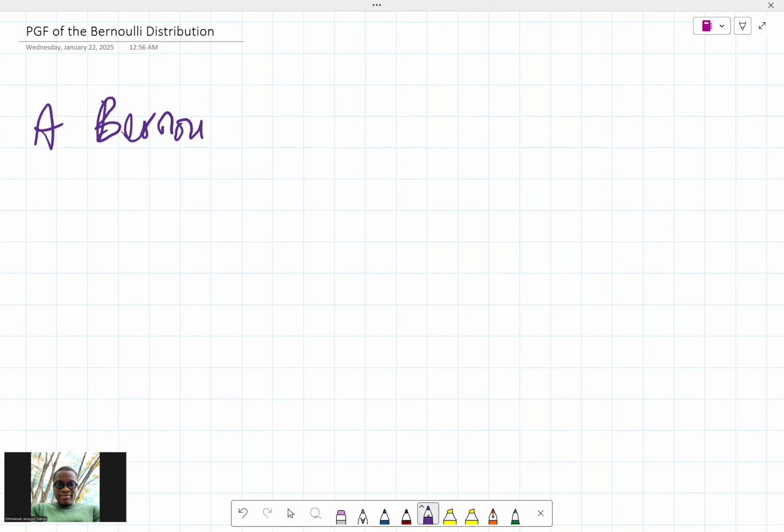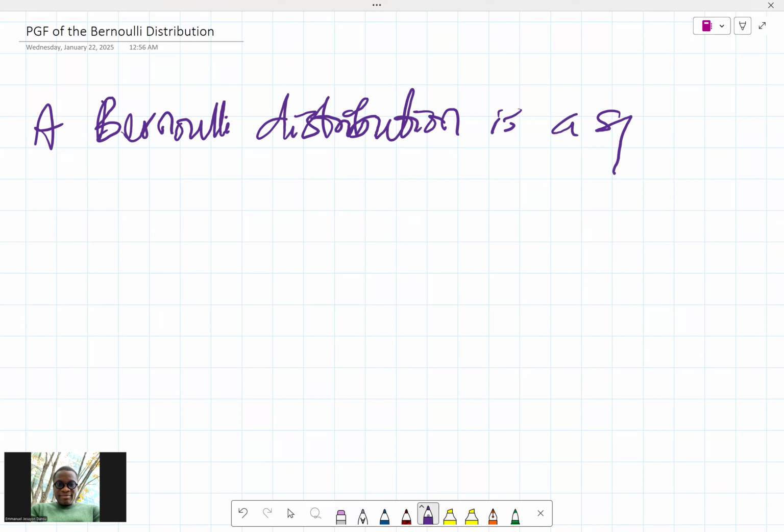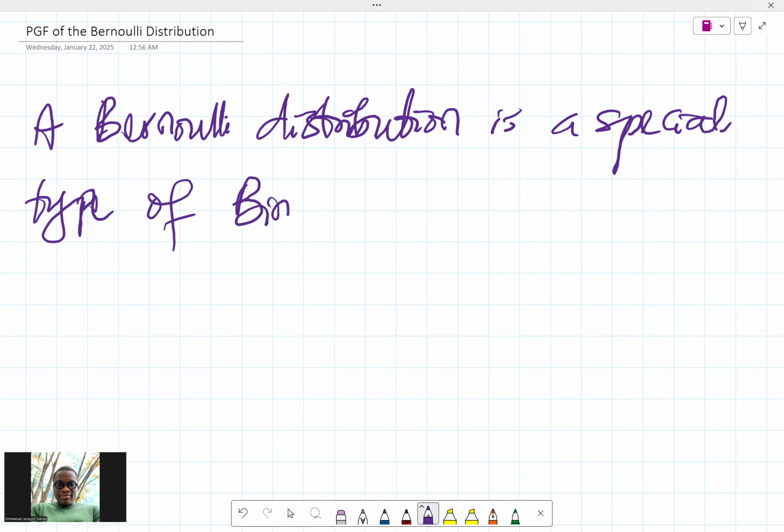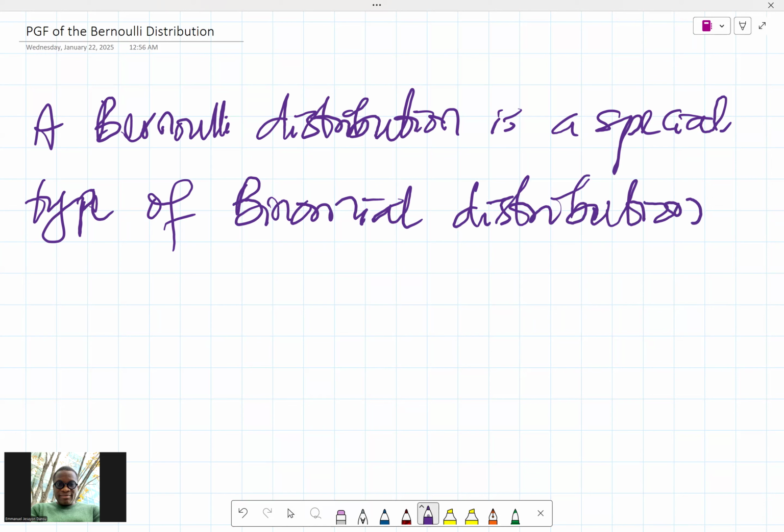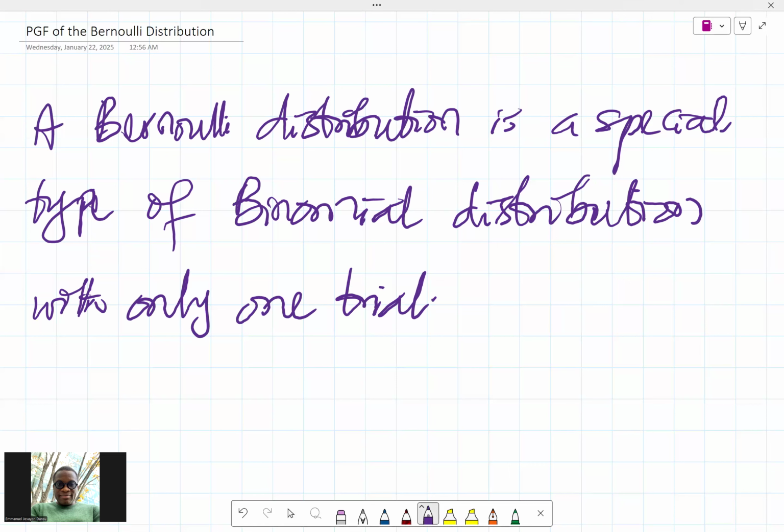A Bernoulli distribution is a special type of binomial distribution with only one trial, so n is equal to 1.